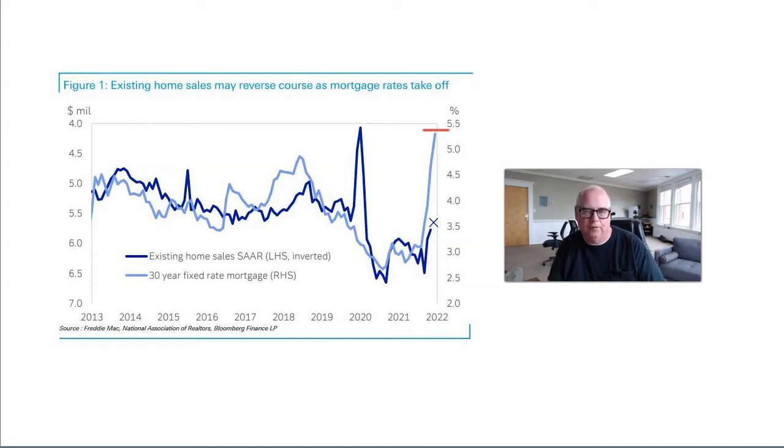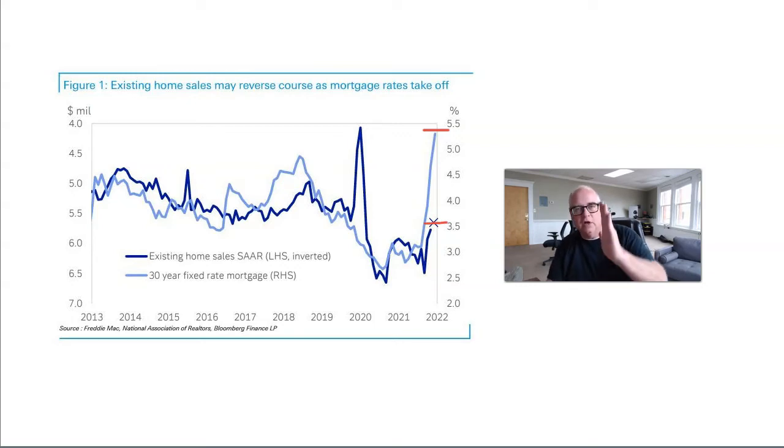We'll call it 5.4. And you can see that light blue number has gone up quite a bit as the Fed has raised interest rates very recently. The dark blue number is right about here, right where that second lower line is.